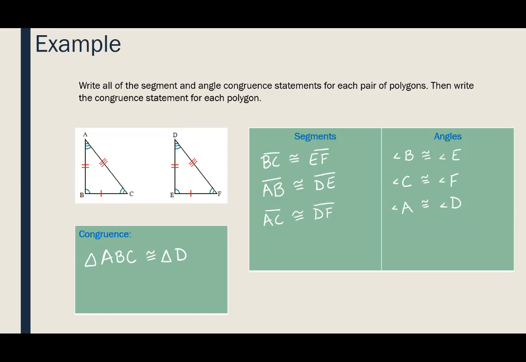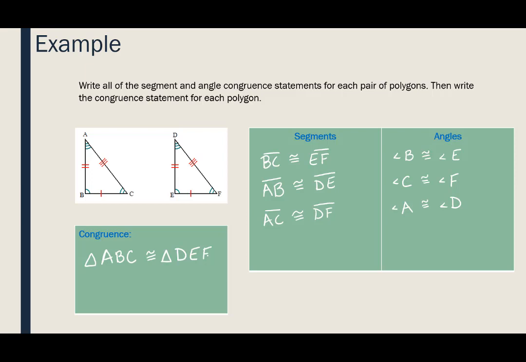The next letter in my congruent statement for my ABC triangle is the letter B. Over on our congruent angles, we see that B is congruent to E. So E would be the next one. Then I'm going to verify that F is the last one and I didn't miss it somewhere. So I see in my list of angles over there that F is congruent to C. So now that would be a proper congruent statement.